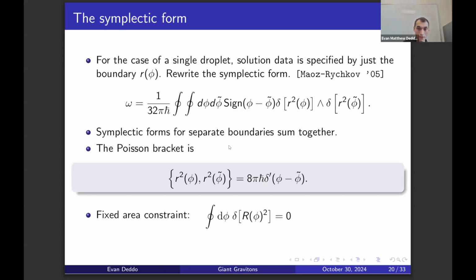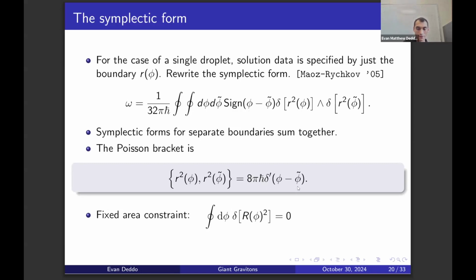From the symplectic form, we can take the kernel of this to compute the Poisson bracket associated to this symplectic form, and we find that it takes this form that depends on the derivative of a delta function of phi minus phi tilde.